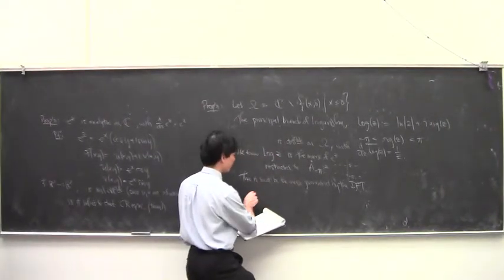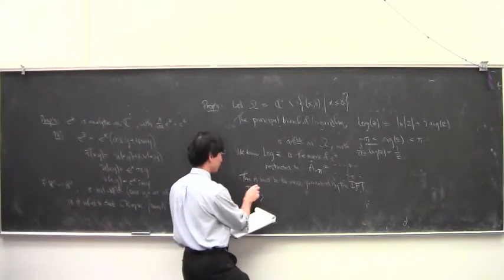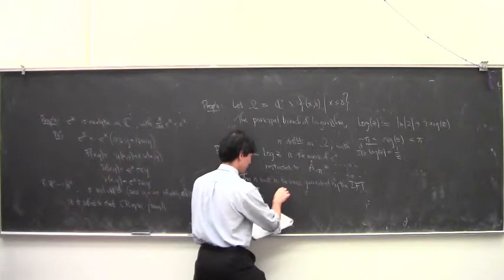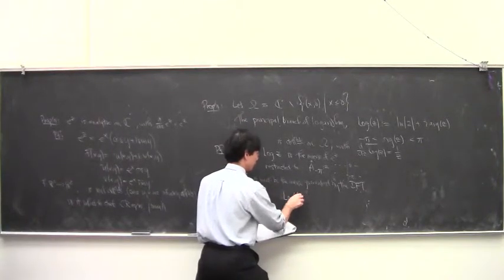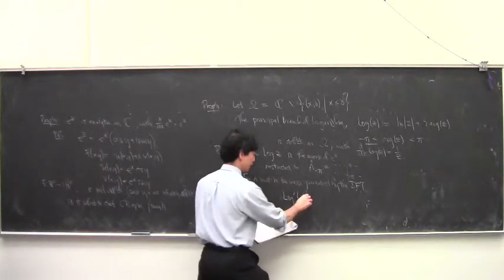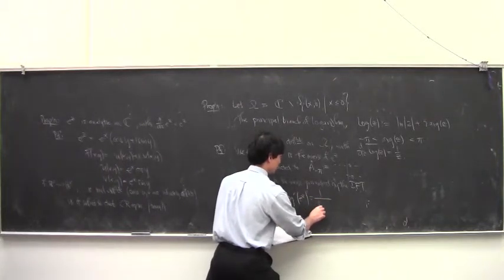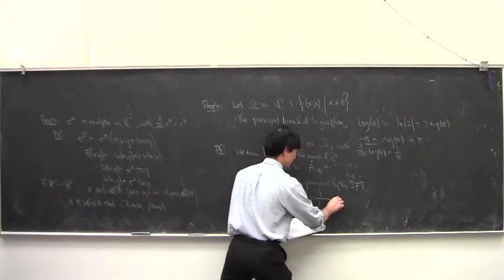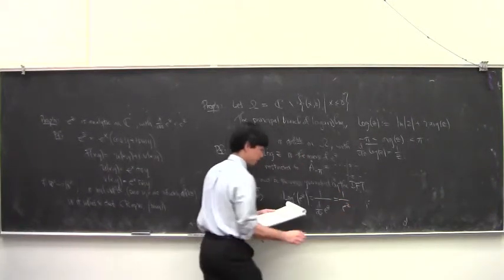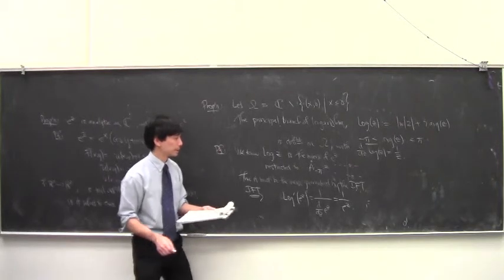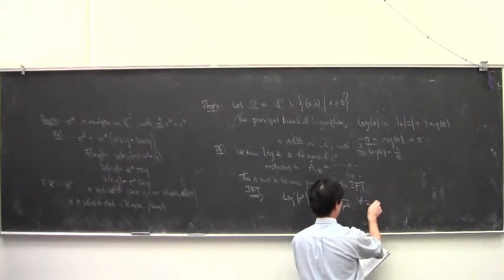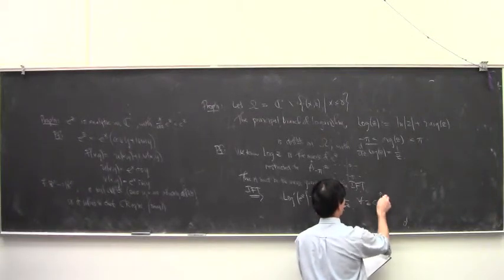And so by the inverse function theorem, we know that the derivative of the log at e to the z is 1 over the derivative of the exponential function at z, which is 1 over e to the z, for all z in that open strip.